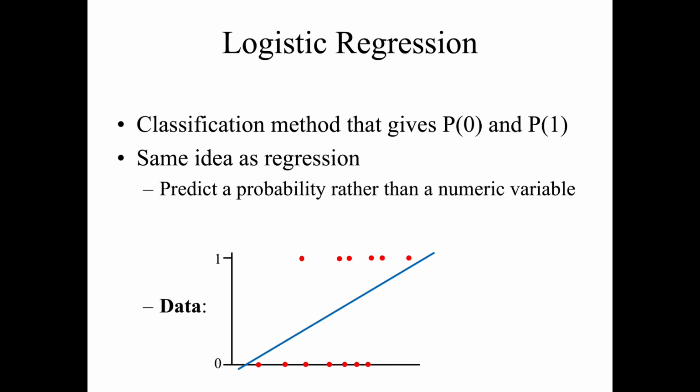So in linear regression, if we wanted to predict whether or not somebody is a voter, we'd have a problem because linear regression would let us have predictions that are greater than 1 or less than 0. And probabilities that somebody is a voter cannot be more than 100% or less than 0%.